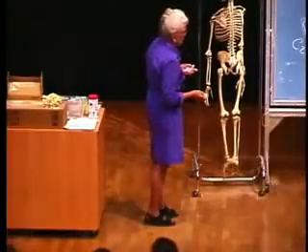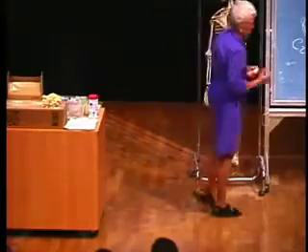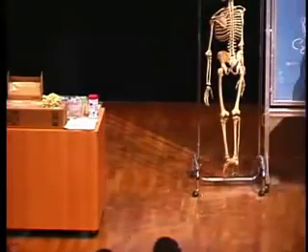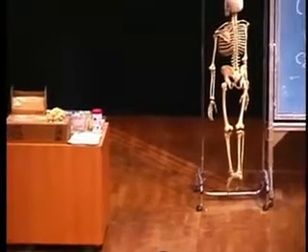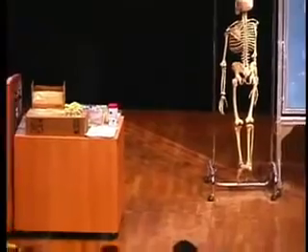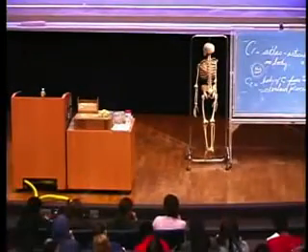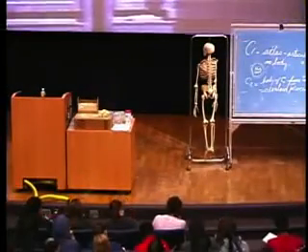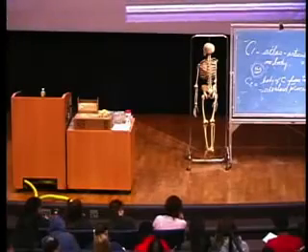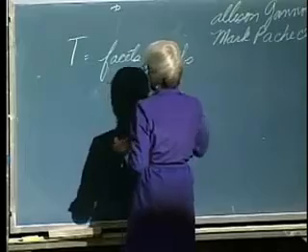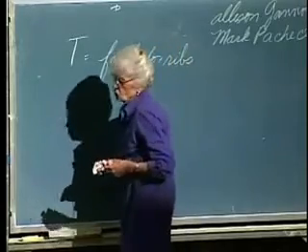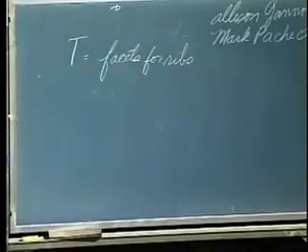Then the thoracic vertebra have to have facets for ribs. The other vertebrae don't have them. They also have very large spines.